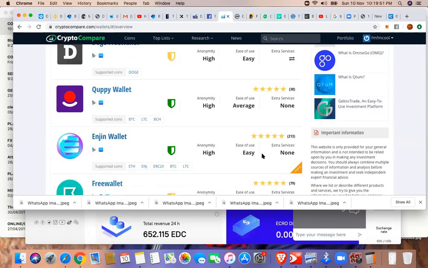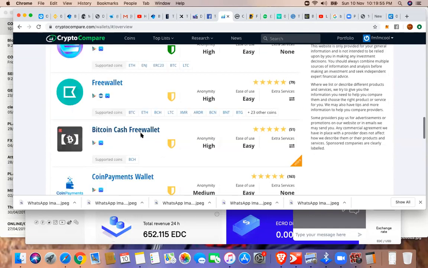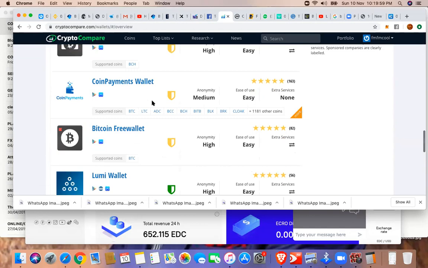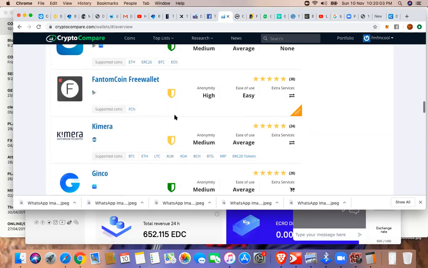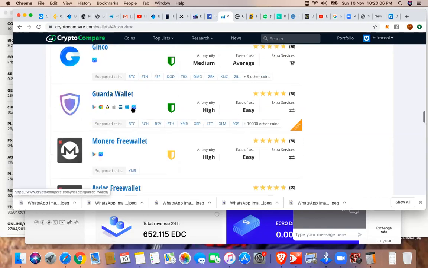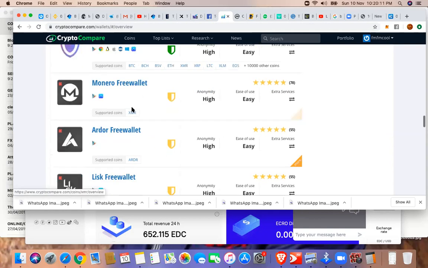They have some other coins added to them, and you just download. I have payment wallets too. So if you go to Cryptopia, it gives you access. I have this Guarda wallet. Why do you need to have all these wallets?